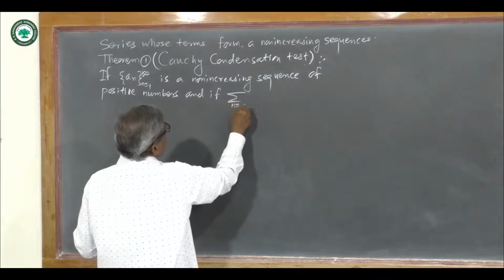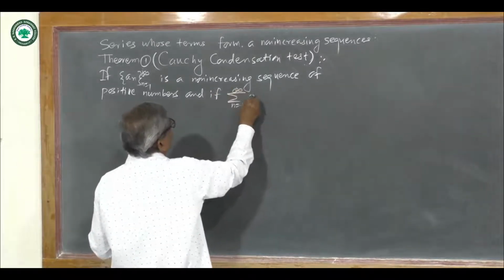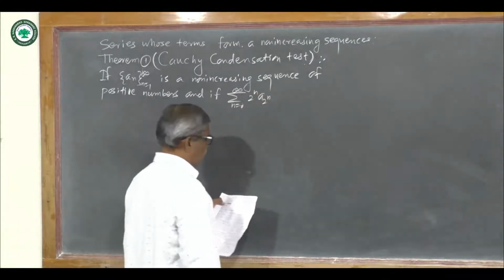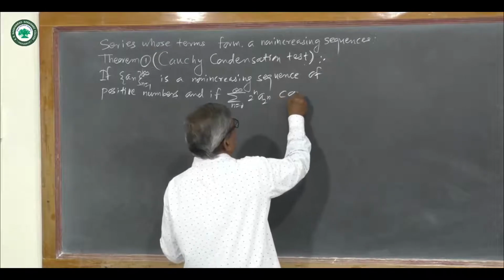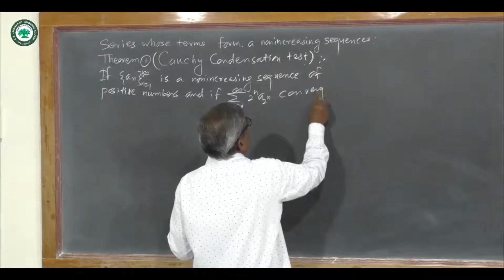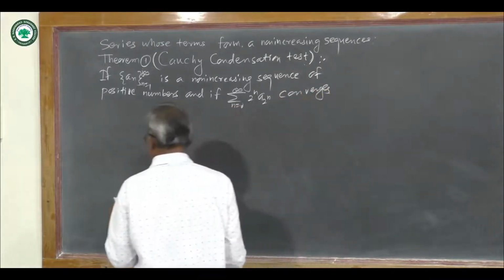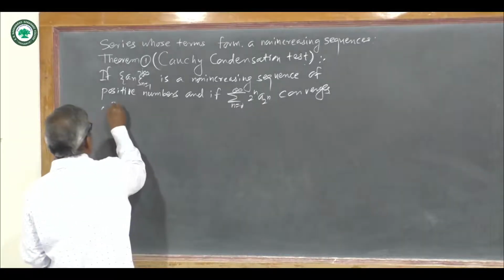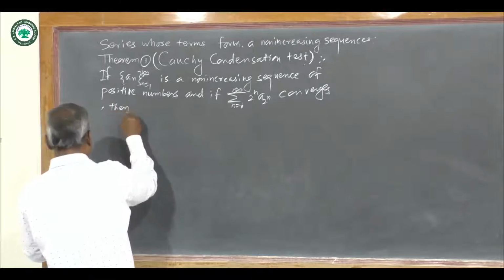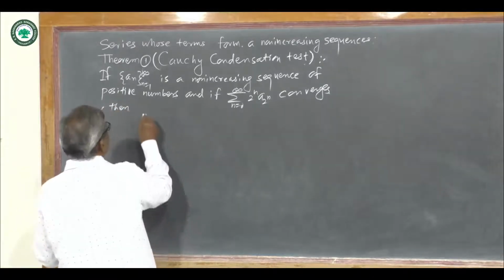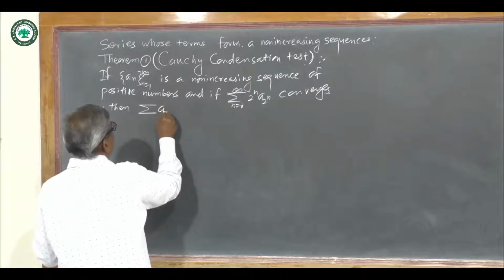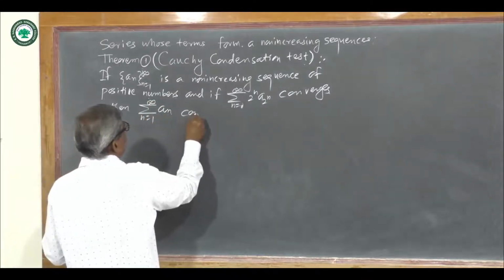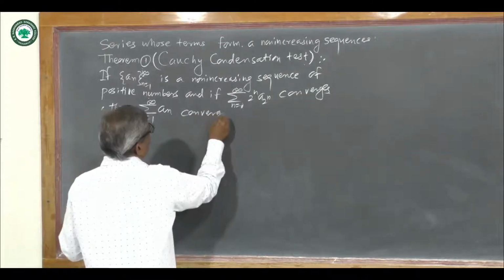summation n is equal to 0 to infinity, 2 raised to n into a suffix 2 raised to n converges, then summation n is equal to 1 to infinity a suffix n converges.